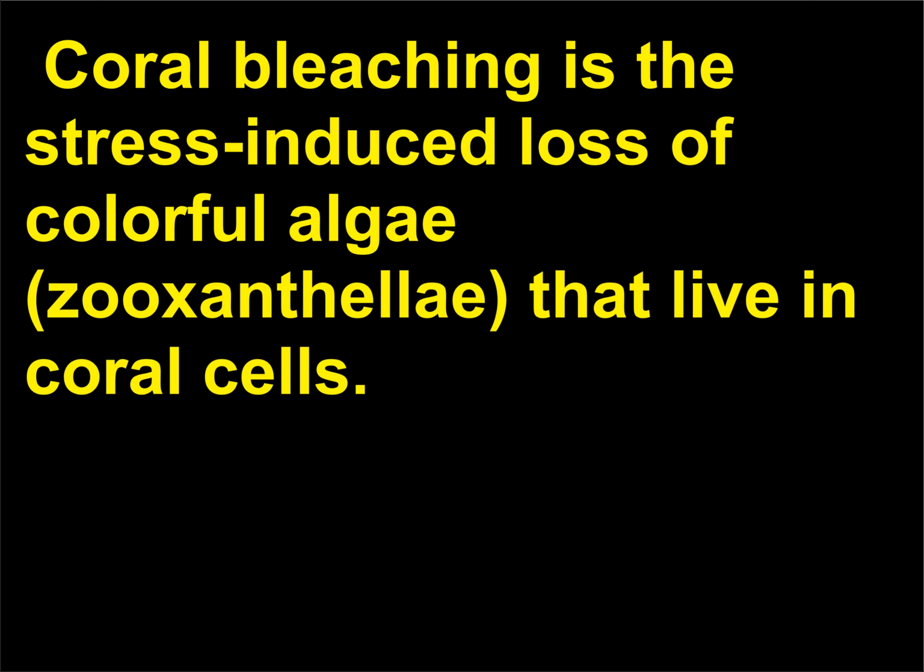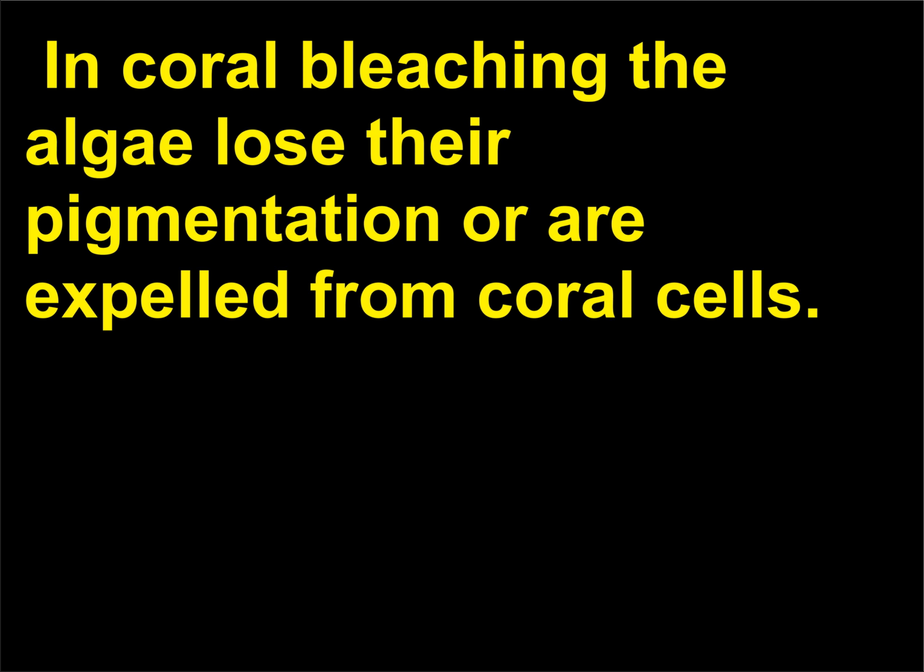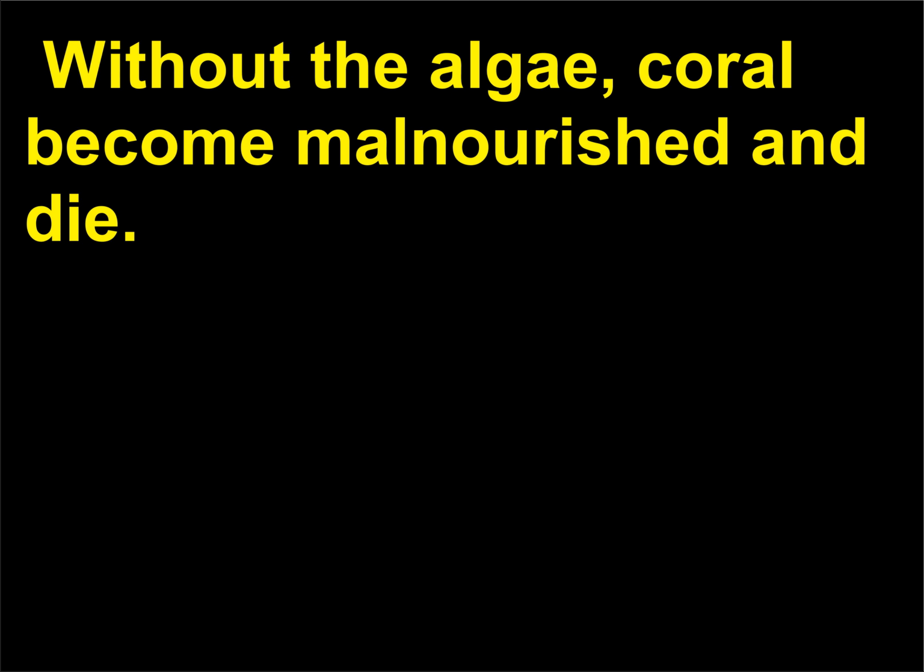Coral bleaching is the stress-induced loss of colorful algae, zooxanthellae, that live in coral cells. In coral bleaching, the algae lose their pigmentation or are expelled from coral cells. Without the algae, coral become malnourished and die.